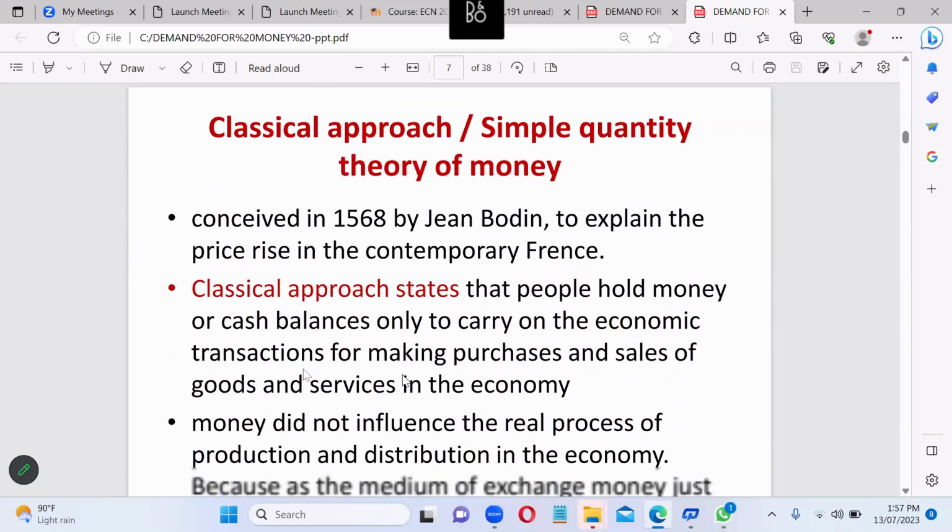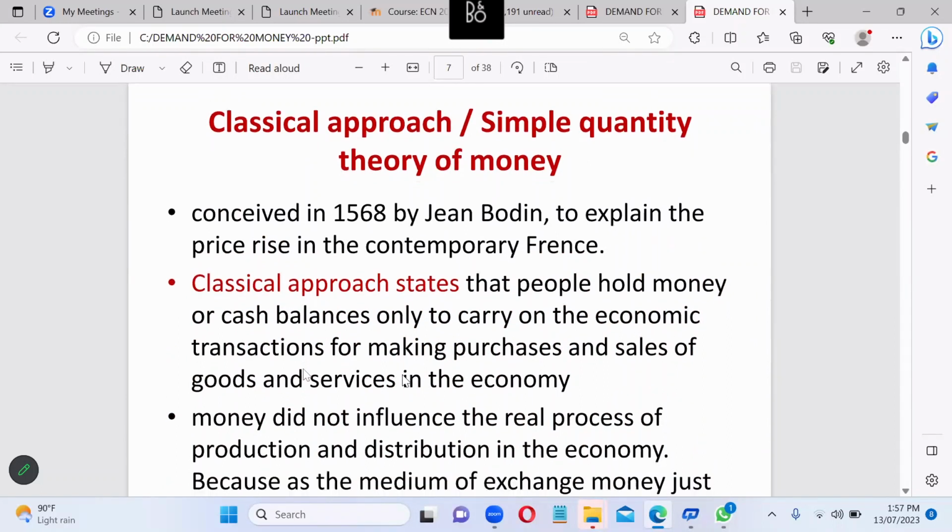The classical approach was conceived in 1568 by Jean Bodin to explain the price rise.